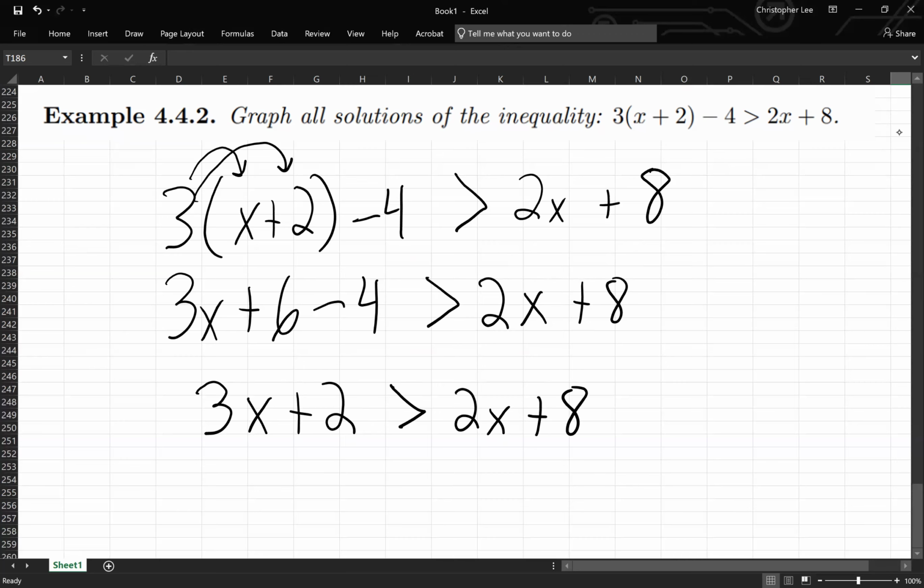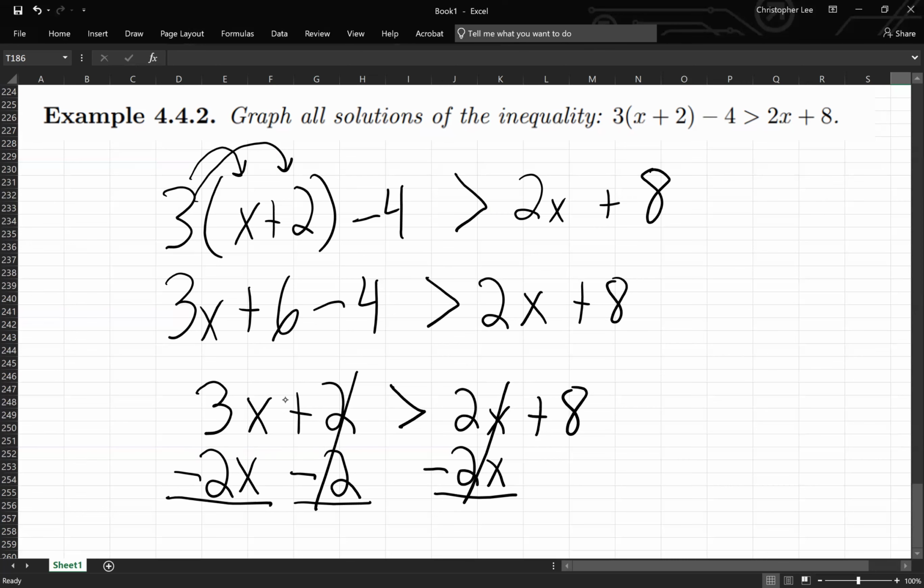Again, I want to put all my x's on one side, all my numbers on the other. So I'm going to subtract 2x from over here. What I do to one side of the inequality, I have to do to the other side. Then I'm going to subtract 2 from over here.